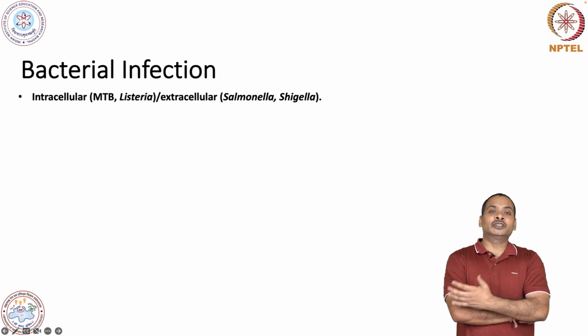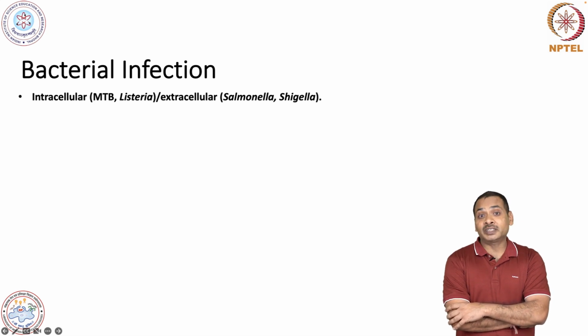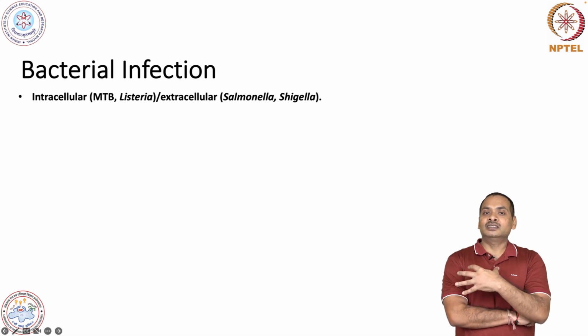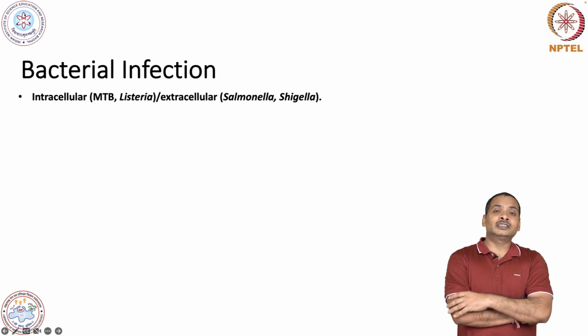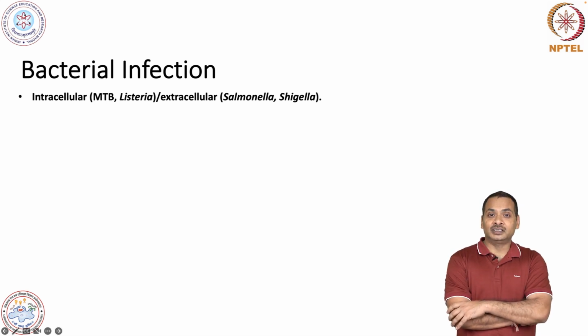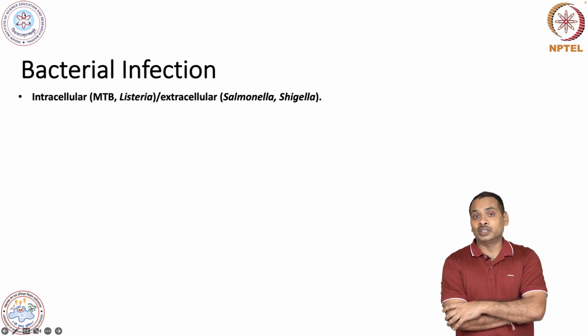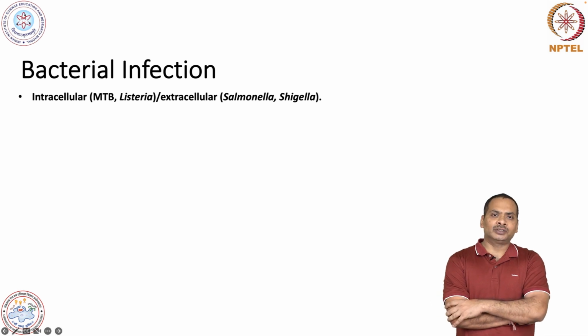Here you can see some examples like Mycobacterium tuberculosis, which resides inside the cell. Another example is Listeria. The full name of Listeria is Listeria monocytogenes. So, this is also an intracellular pathogen.